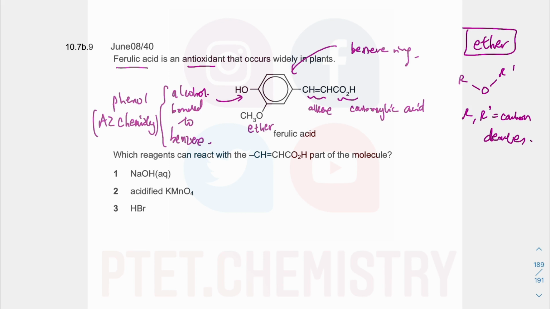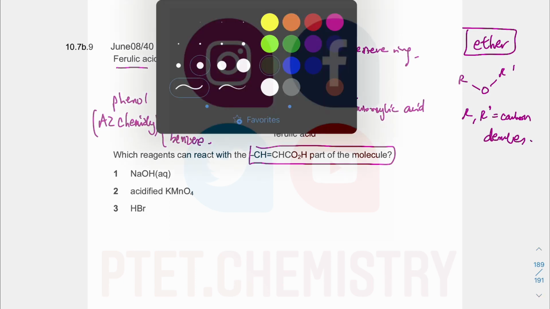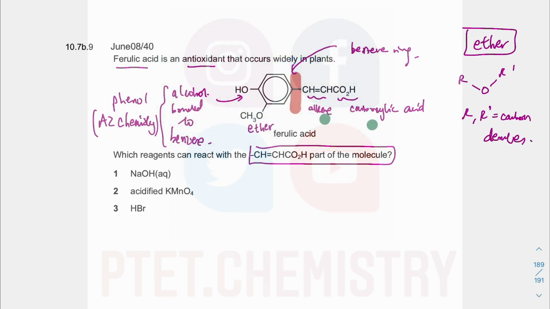But this question is asking you about this part of the molecule. They're basically saying ignore the other part, just this part of the molecule. So we're just looking at the alkene and carboxylic acid. It doesn't matter what is there, we're just looking at these reactions here.